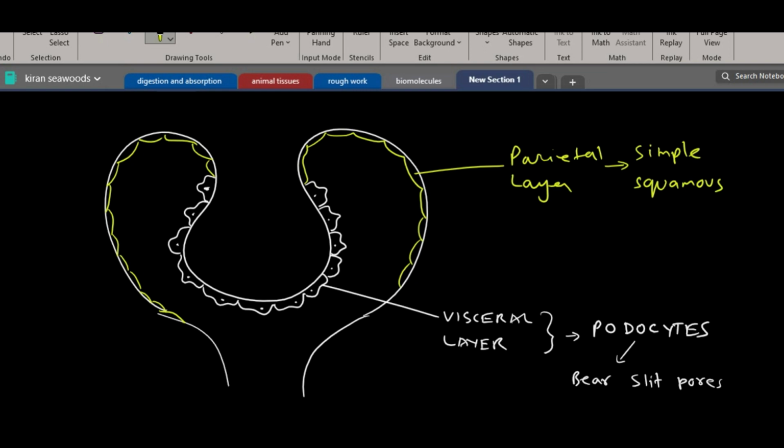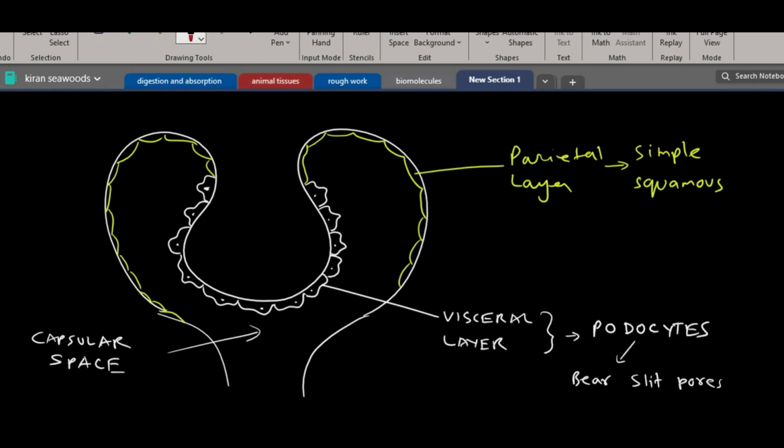So I hope this is clear what is present inside the Bowman's capsule and how it is made. This space is called as capsular space. Okay, fine.